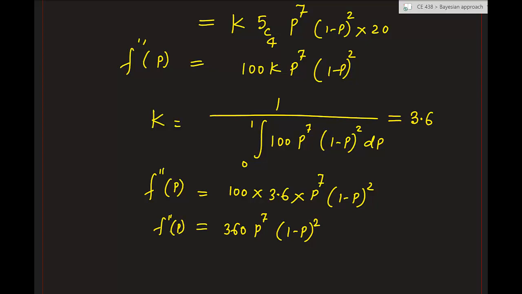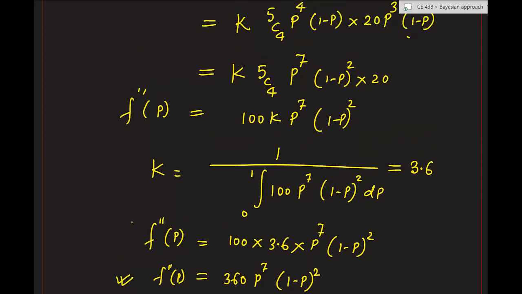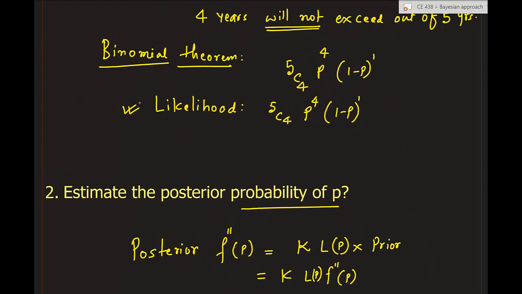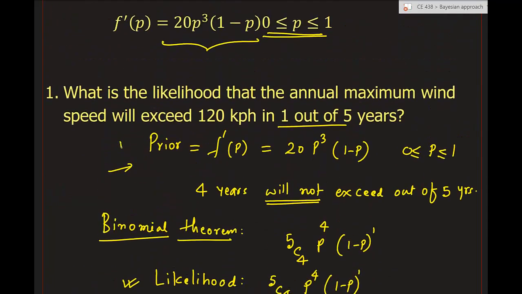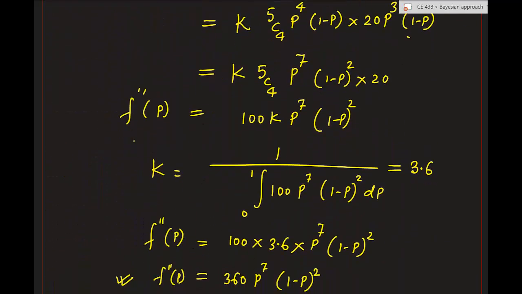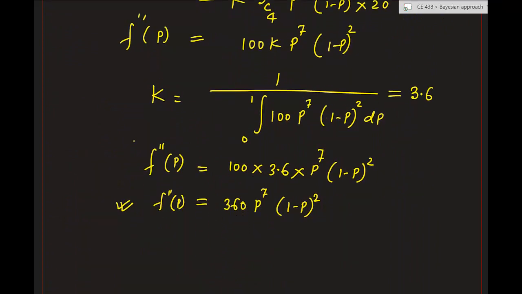Now we have the prior distribution, likelihood function, and posterior distribution. So we can use an Excel sheet to plot the prior, posterior, and maximum likelihood function. So let us use the Excel sheet.